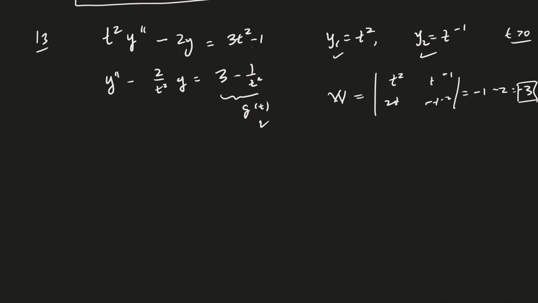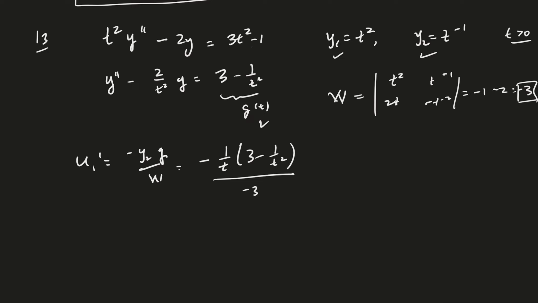And now we take u1 prime equal to minus y2 g divided by W, which is minus t to the minus 1 times g, which is 3 minus 1 over t squared, divided by the Wronskian, which is minus 3.